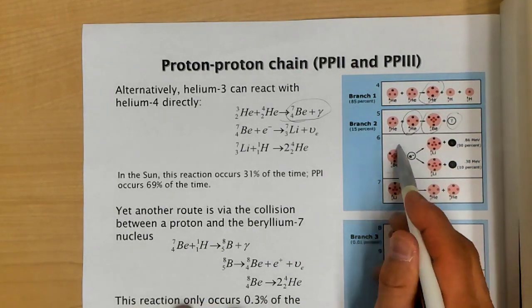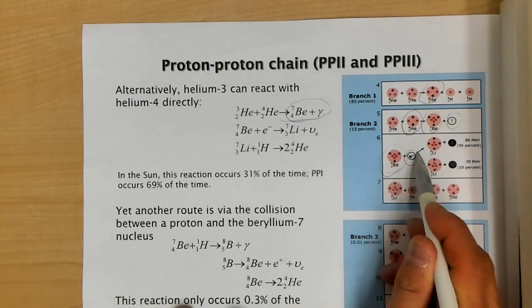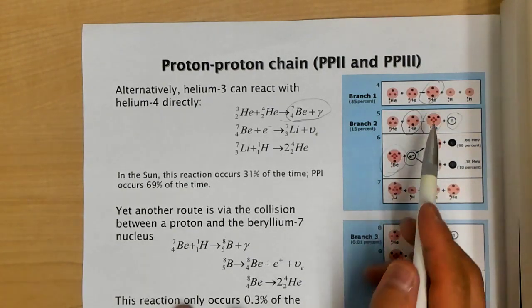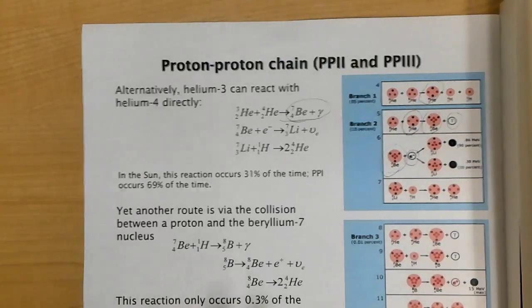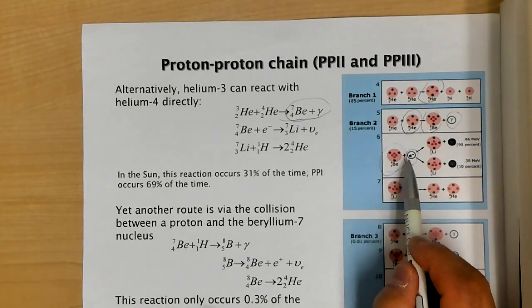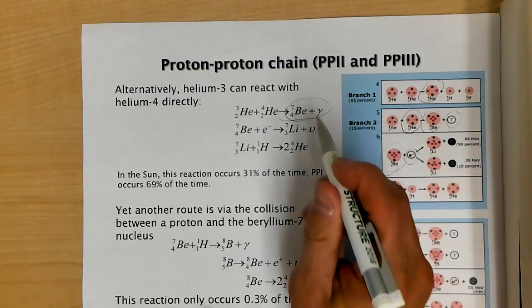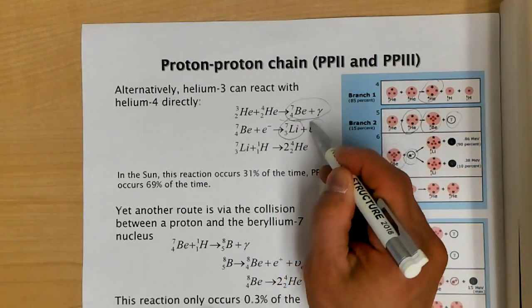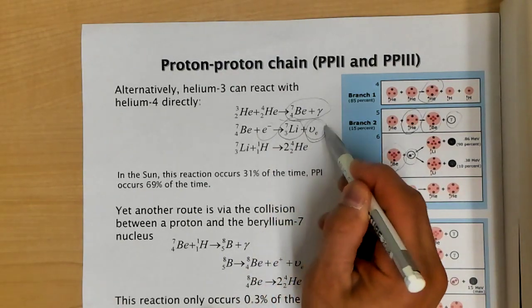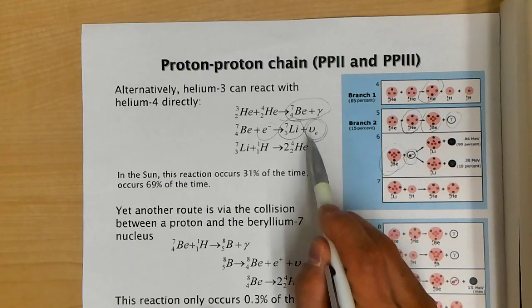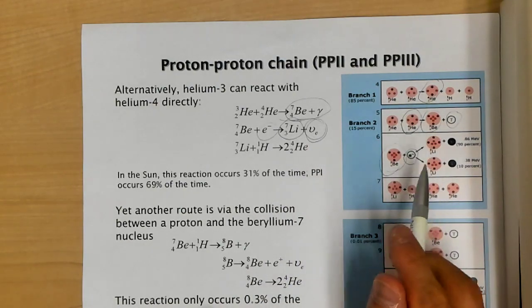Now, with the beryllium-7, you can capture an electron. The electrons would have come from the original hydrogen atoms. And so this electron capture can form lithium-7, and this will require a weak interaction that will produce an electron neutrino.